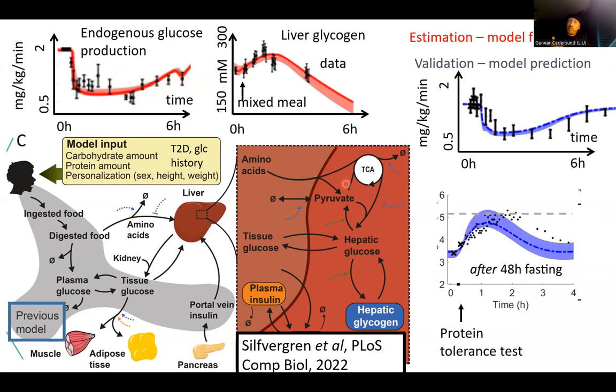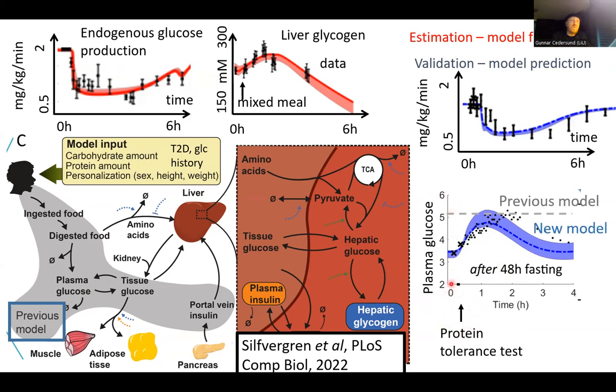But what we looked for in this particular paper, and which I think you should always look for and do the best you can to find, is a fundamentally different type of prediction. So here you see you eat a meal and then you see what happens. Here we eat a meal before and after 48-hour fasting. And we eat a very particular type of meal, which only consists of proteins.